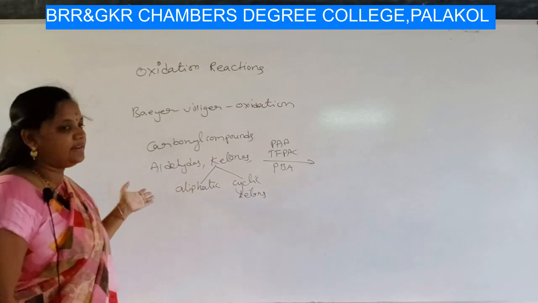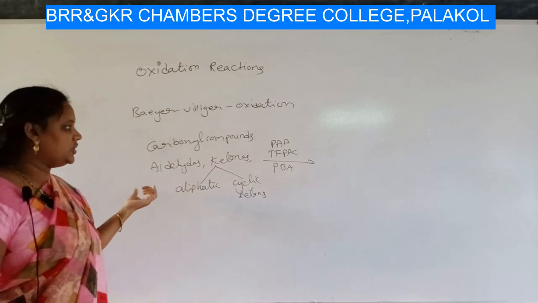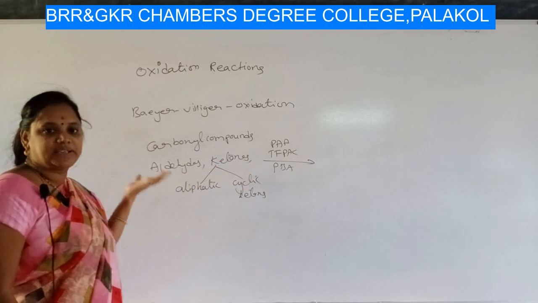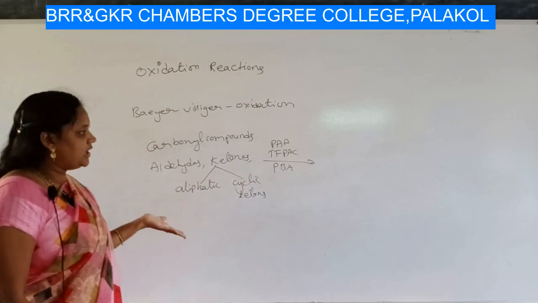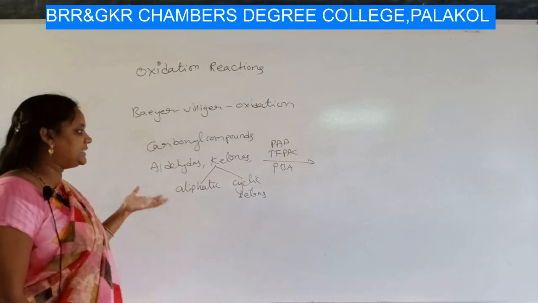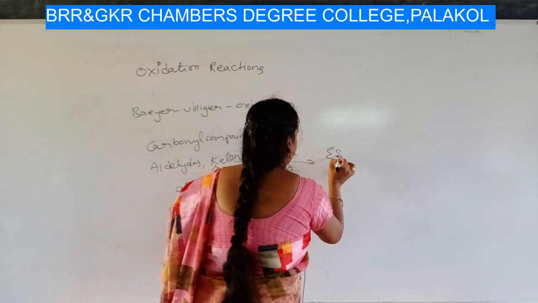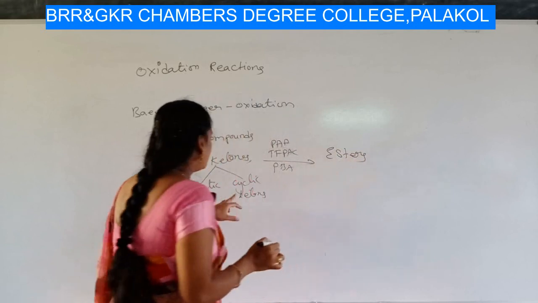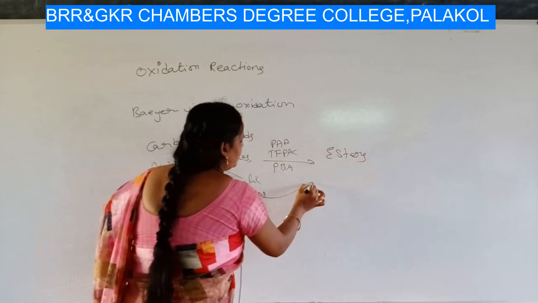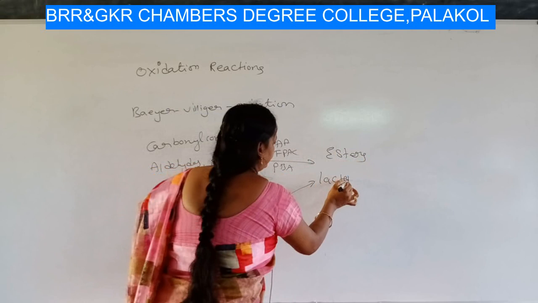What happens in Baeyer-Villiger oxidation? Oxidation means addition of oxygen or removal of hydrogen. In this case, we will add oxygen, so esters are formed. And what about cyclic ketones? Cyclic ketones form lactones.